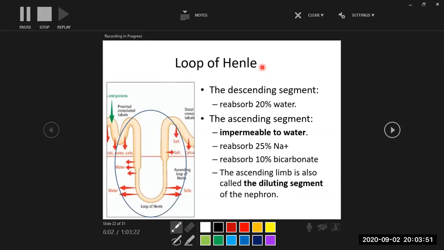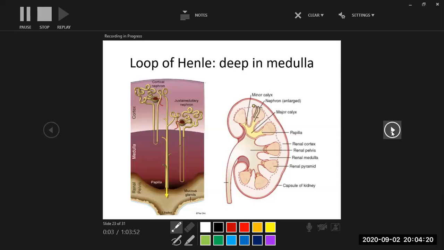And that concept comes with the interesting feature that the medulla is very salty. You will get to be familiar with the number 1200. That is way higher than the isotonic concentration, which is 300 milliosmolarity. So let's see what's happening here. This is the loop of Henle. This is the kidney. We have the cortex, and here is the medulla. The loop of Henle goes deep down into the medulla.